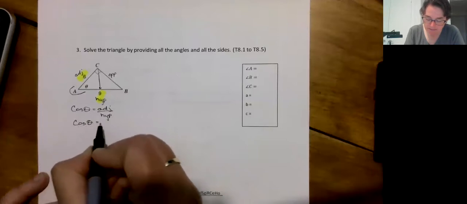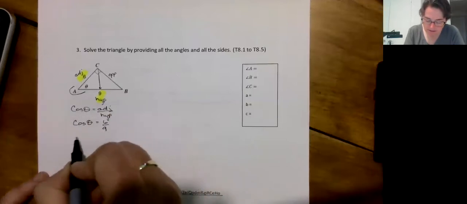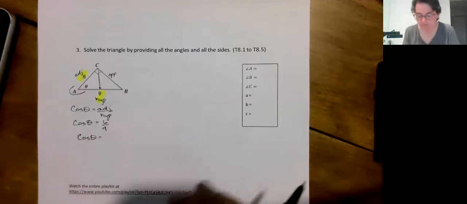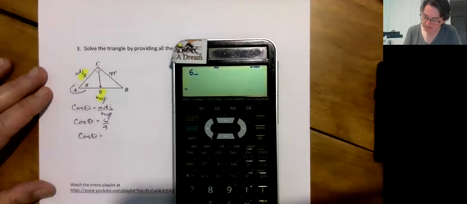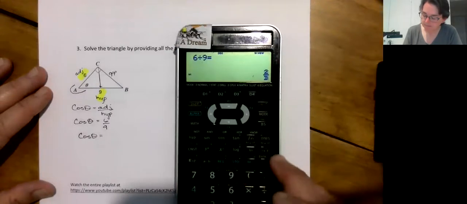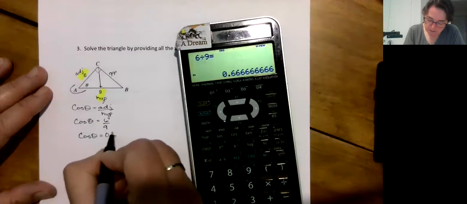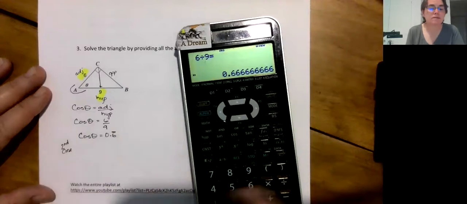Cosine theta, adjacent side is 6 over 9. Cos theta, 6 divided by 9, 0.6 repeating.